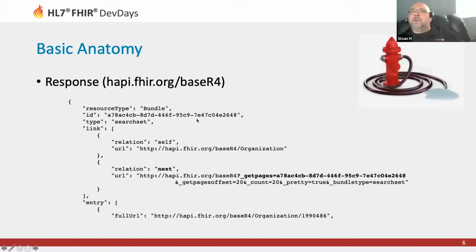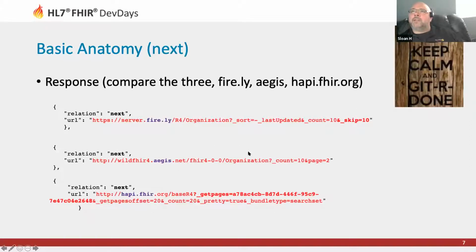Then we'll hit the code base that we're coding against, of course, HAPI. Again, in this search set, I have this self link and this next link. And then we have this get pages UID. I'll put them all here together so you can see them next to each other. The thing I wanted to emphasize is that in the standard, the relation, next, and the URL are part of the standard.